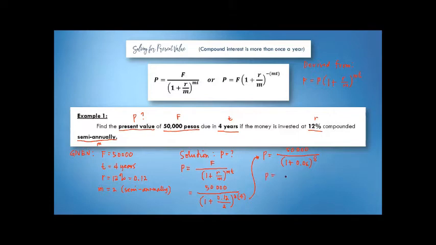So, the value for P is 31,370.62. Yung 0.62 natin, rounded off na siya to 2 decimal places. Therefore, the present value is 31,370.62.